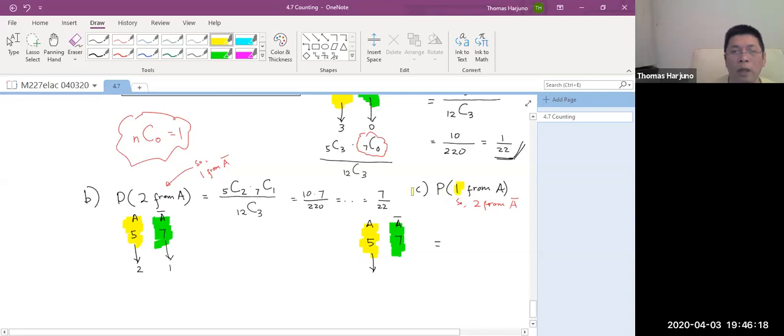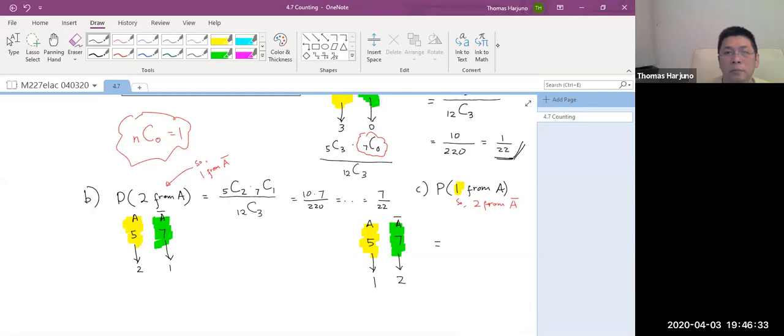I need 1 from A, right? And because I need a total of 3, if I get 1 from A, it implies 2 not from A. Then the notation will be 5 combination 1 times 7 combination 2 over 12 combination 3.